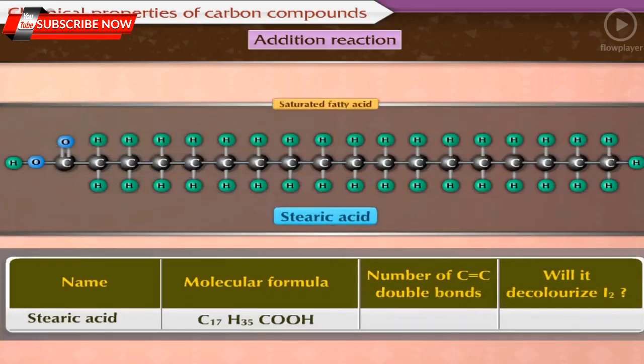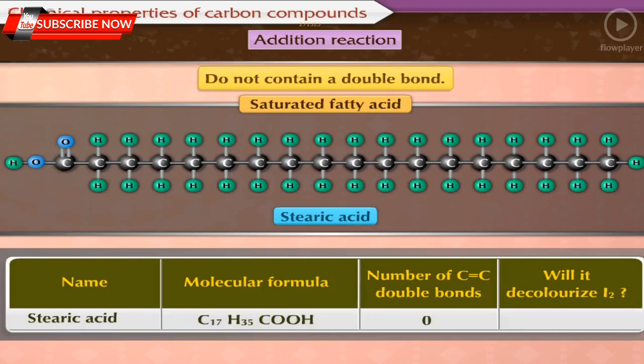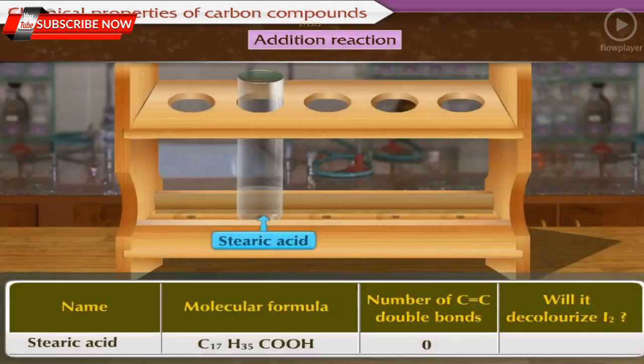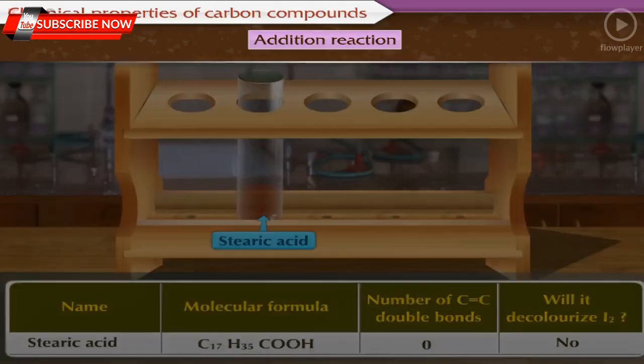Stearic acid is a saturated fatty acid with molecular formula C17H35COOH. The structural formula of this fatty acid does not contain a double bond. Also, the color of iodine does not disappear in this fatty acid.